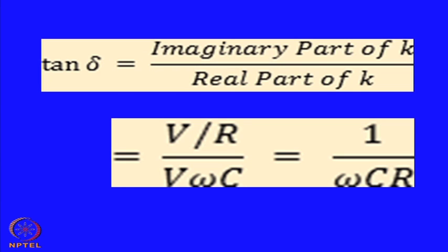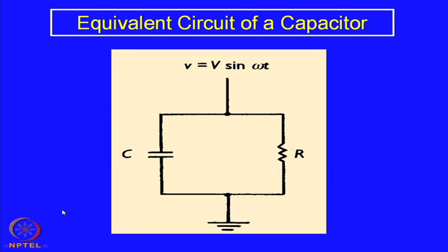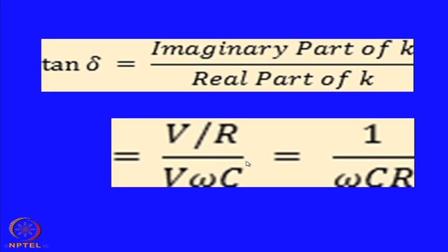Based on these equivalent circuit parameters, if this is C, the capacitance of an ideal capacitor, and this is R, from these equivalent circuit parameters one can also find out the parameters which we have already discussed.